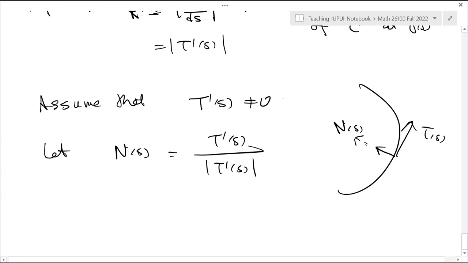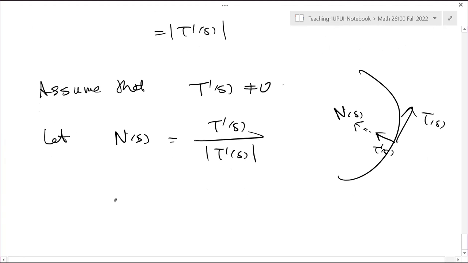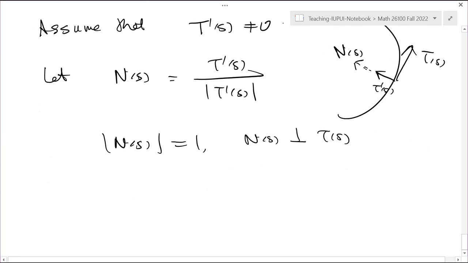It's a unit vector. T prime of s may be short, maybe long, and we see that the length of N of s is going to be 1. N of s is perpendicular to T of s.